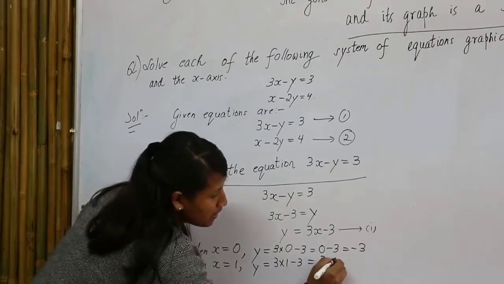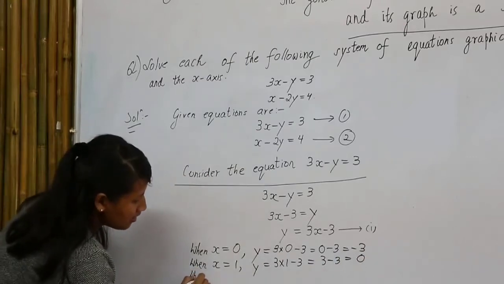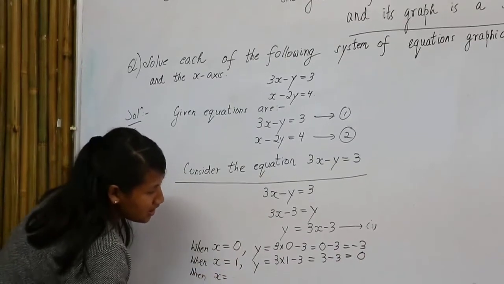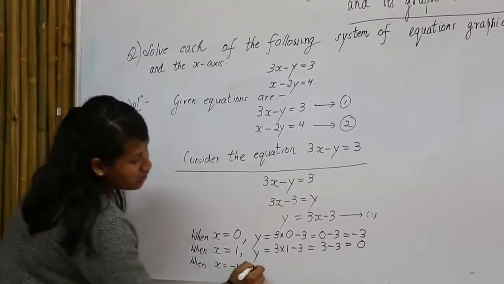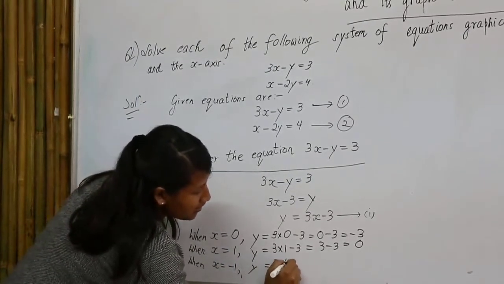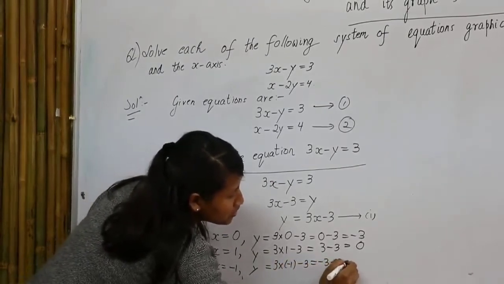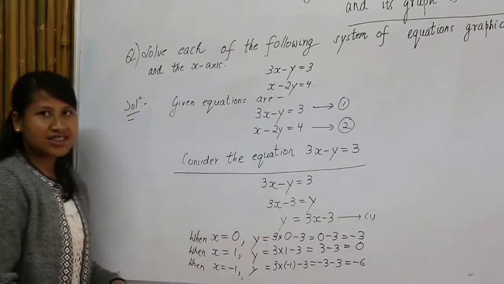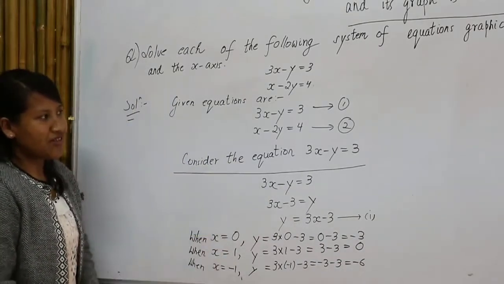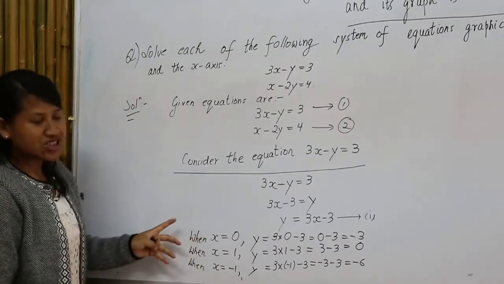When x is 1, y is 3 minus 3, which is 0. Then when x equals, say, minus 1, you can choose 2 also, or 4, or any number, y will be minus 3 minus 3, which is minus 6. So we have got these values. You can take more points after this, but at least 3 is enough.